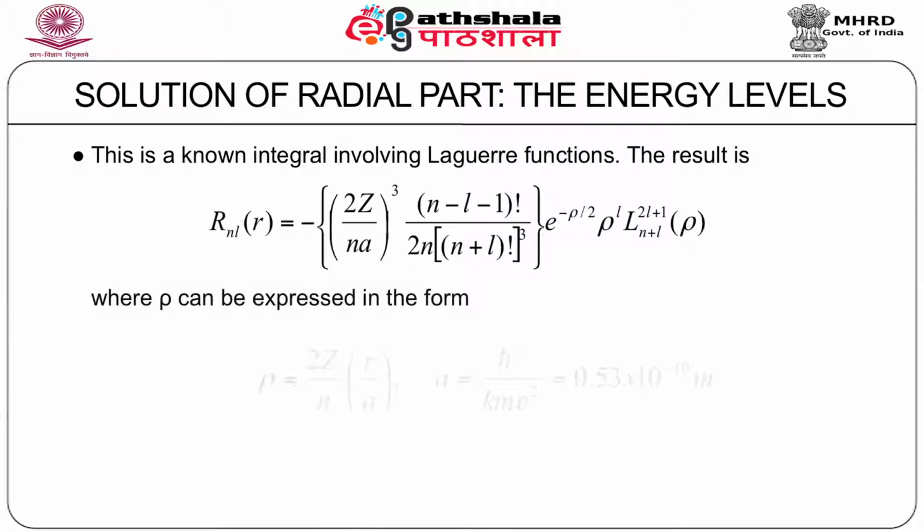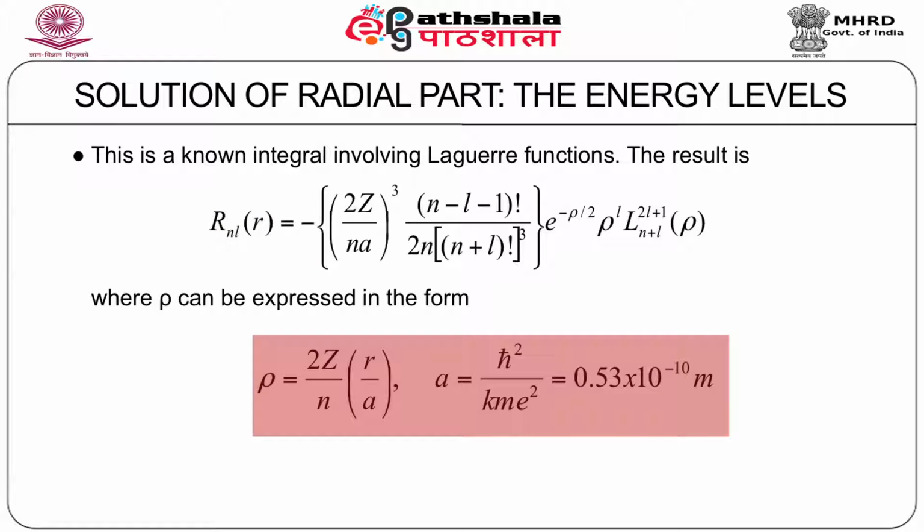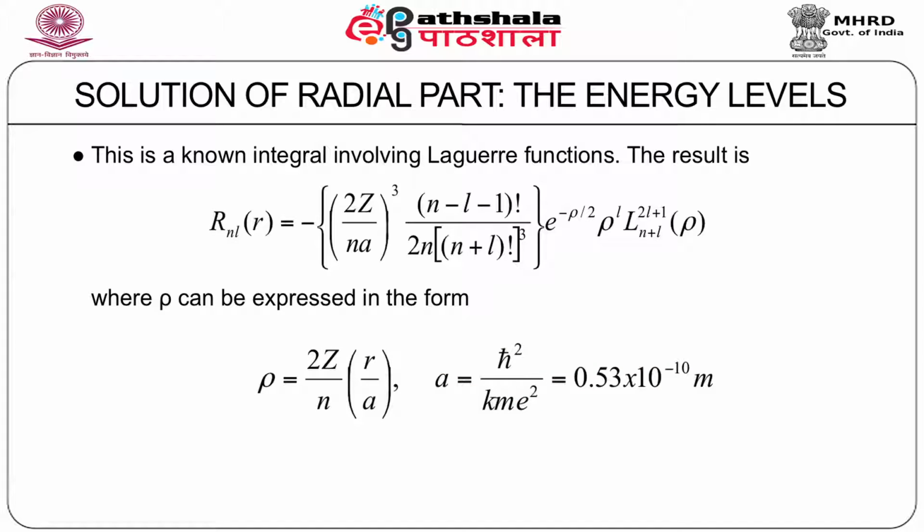This is a very important result, because you had obtained the energy levels, and now you obtain the complete normalized radial wave functions, the expression for R_nl(r), which you can see on the board, where rho is 2Z by n, r by a, and a is the Bohr radius, h cross square by k m e square. So you can express the radial wave function in terms of rho and a.